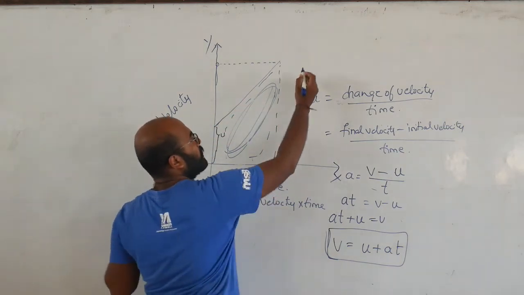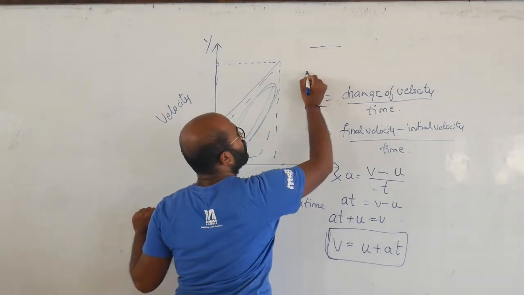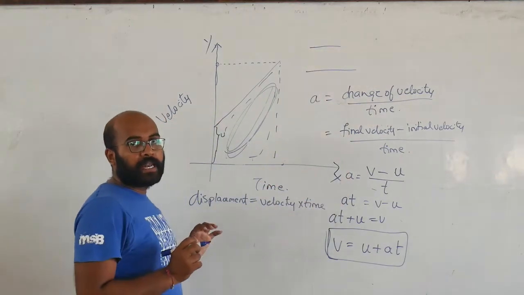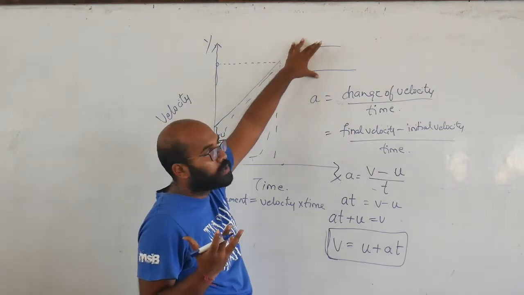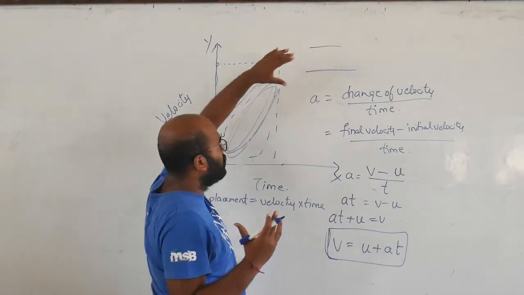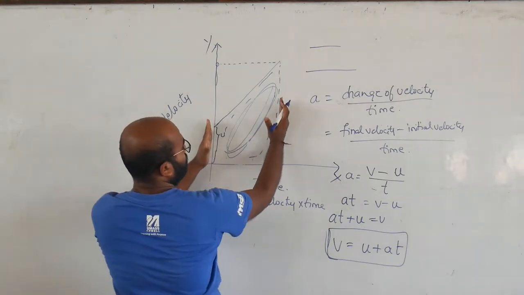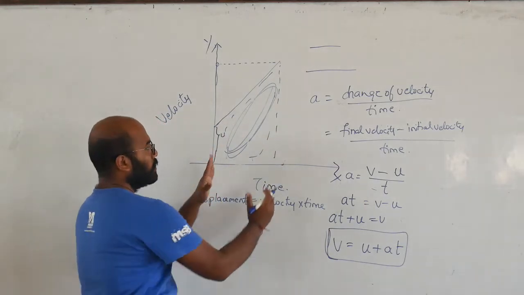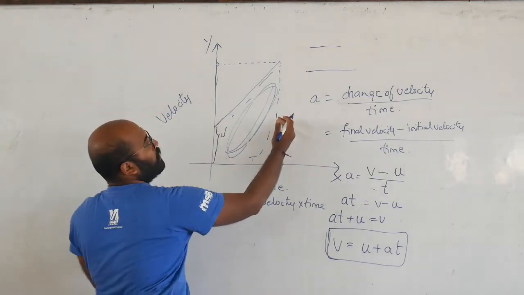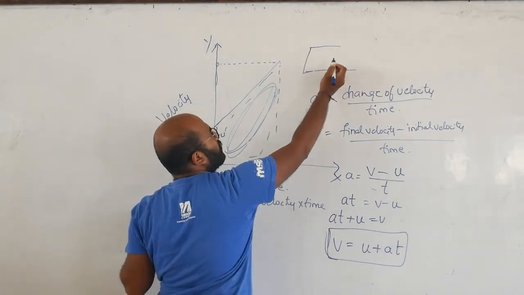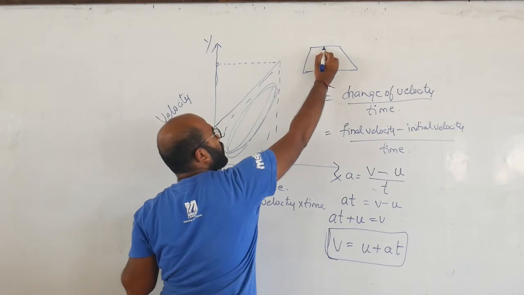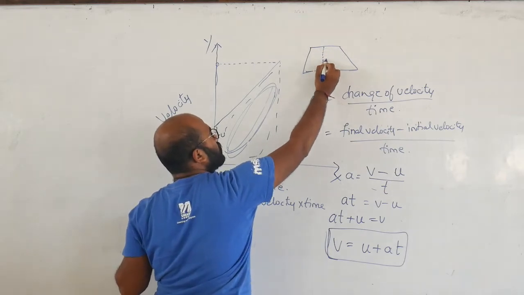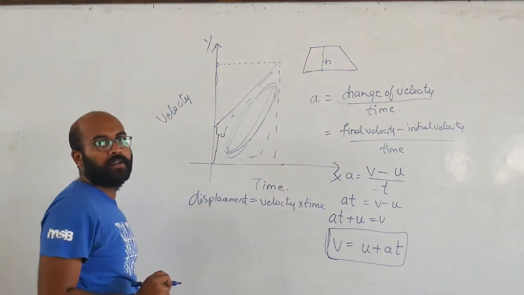A trapezium has two parallel sides. So this and this are parallel, and it is having some height.